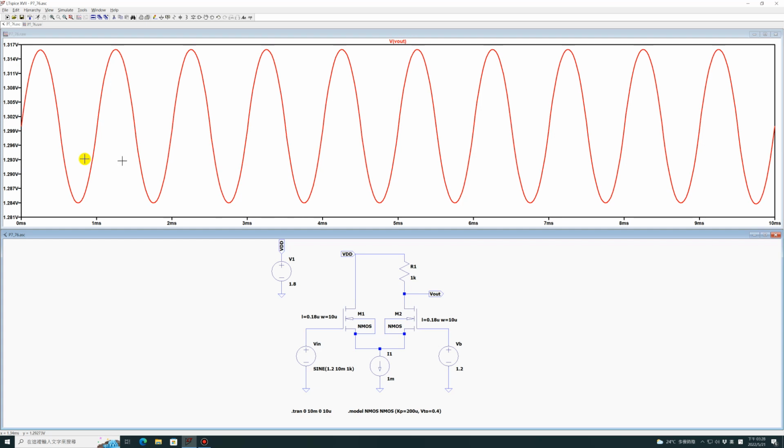Here you see that, and of course we have to know what's really the bias condition. So it's from 1.24 to 1.3, so we can actually try to view the average.